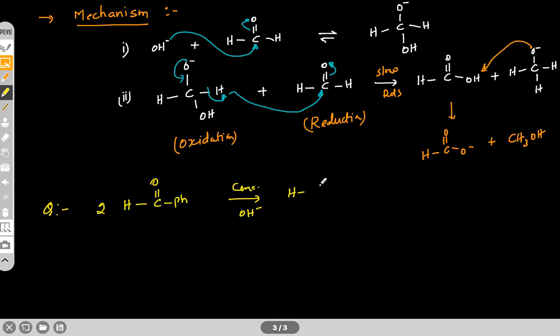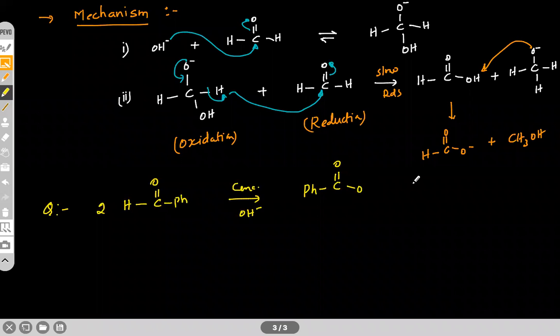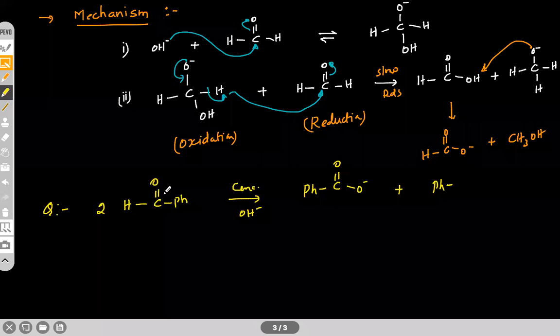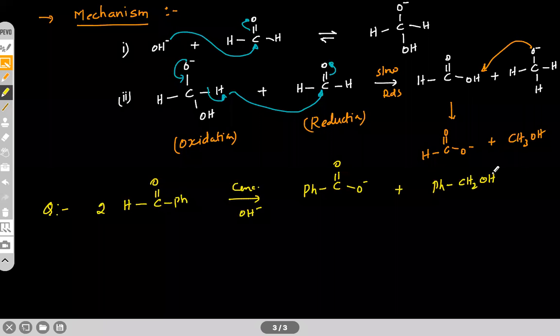So we'll get Ph, C double bond O, O minus, because hydrogen will shift onto the other molecule. Plus we'll get Ph, one H we already have, C double bond O converts into CHOH. So CH and H, it is CH2OH. Did you get it? Any doubt in this?